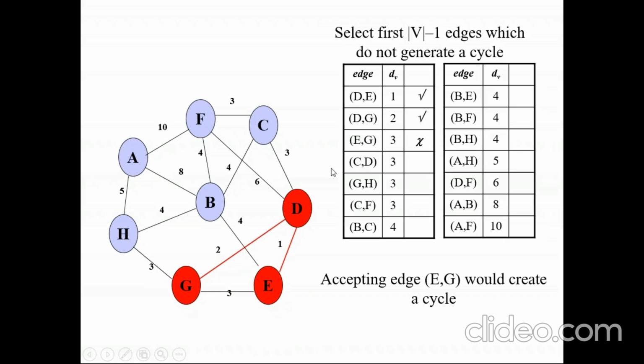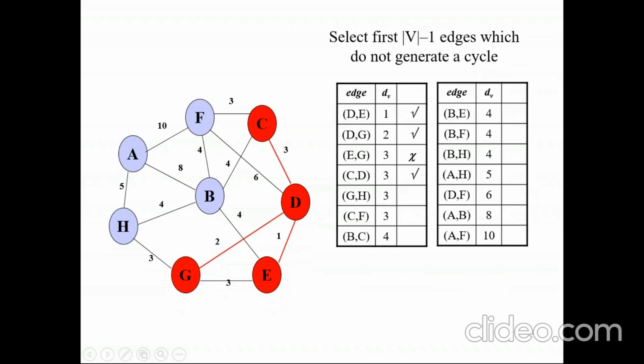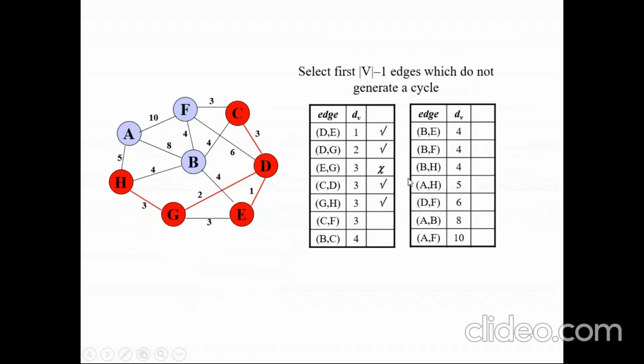Next, the third edge, that is EG. EG creates a cycle, so we do not accept that edge and it is not accepted. Next, the next edge, that is CD. CD does not form a cycle, so it has been picked up.